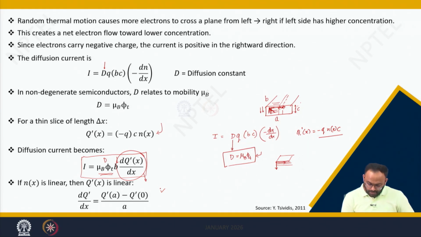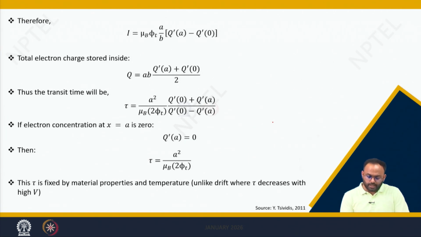To do that, we can write dq dash by dx as q dash A minus q dash 0 divided by A, where q dash A is the charge at point A, q dash 0 is the charge at point 0, and this is the dimension. So we can rewrite the current equation in terms of this.